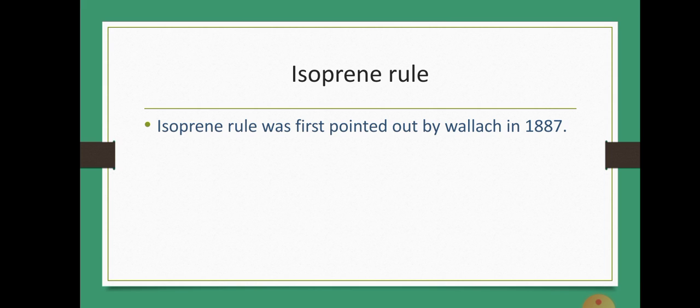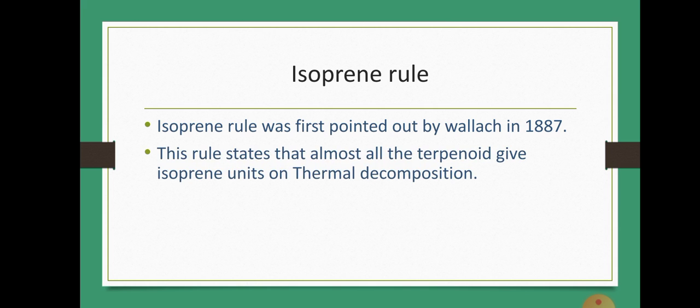This tells us about the isoprene rule. The isoprene rule was first given by Wallach in 1887. This rule states that when any terpenes or terpenoids thermally decompose, they give us isoprene units.